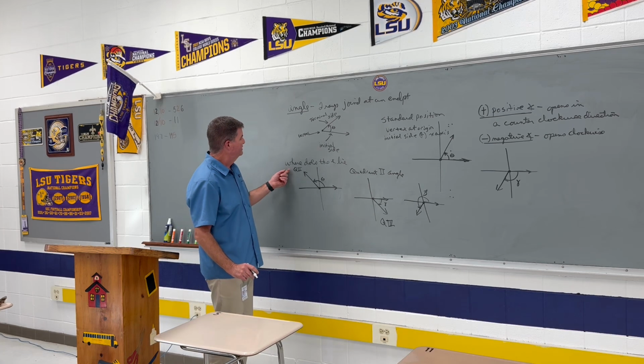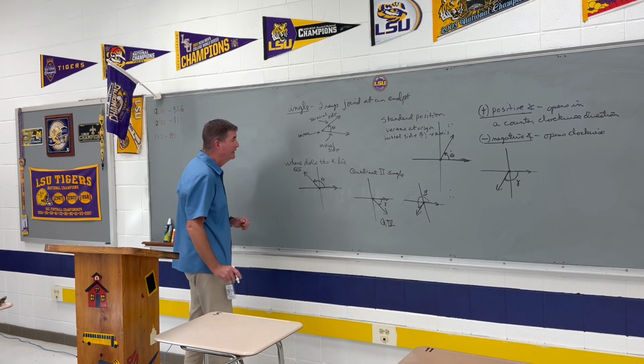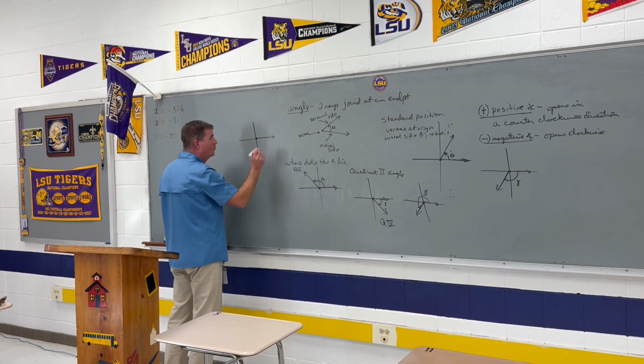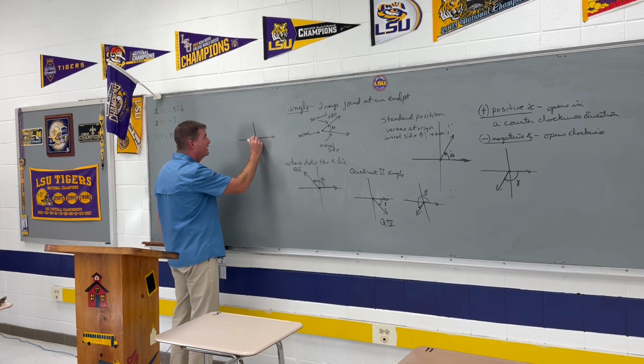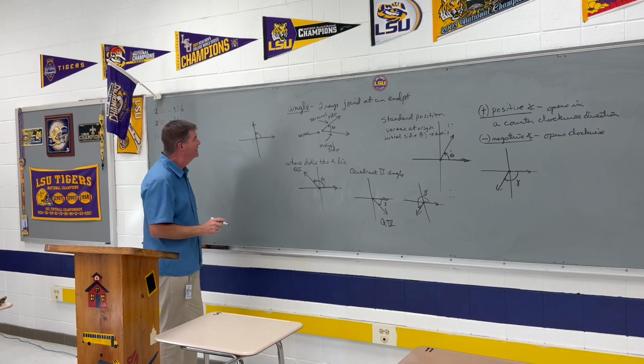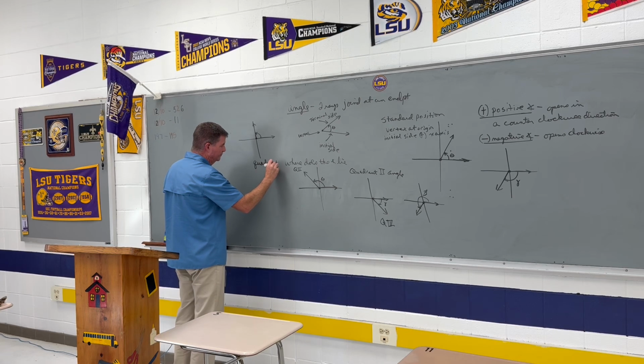So what happens if it says what quadrant does the angle lie, or where does the angle lie, if the terminal side happens to be on one of the axes? Suppose we have this angle right here, where it lies on the positive y-axis. If that's the case, it's just called a quadrant angle.